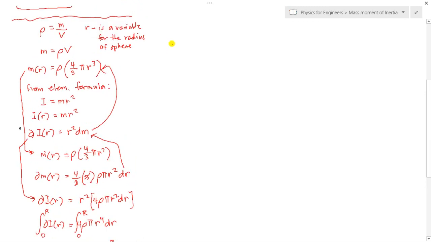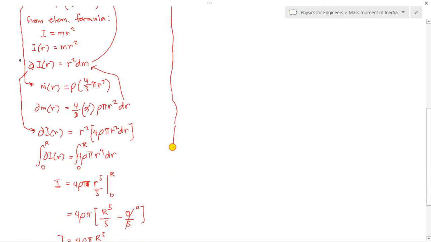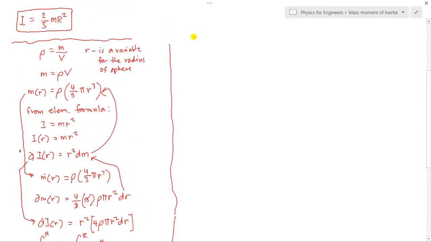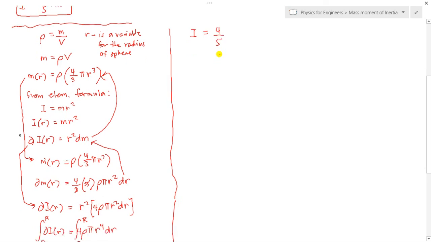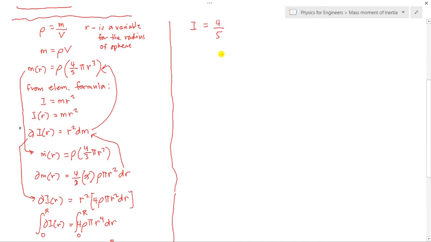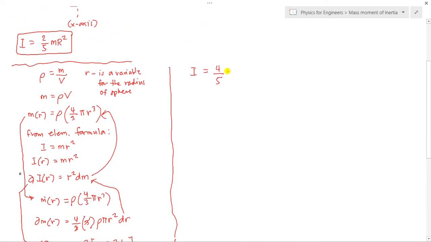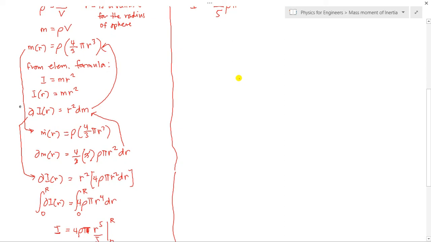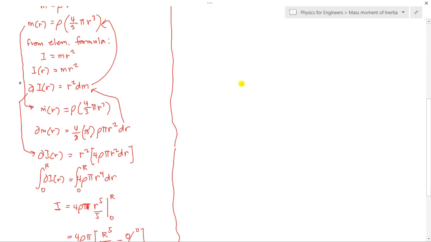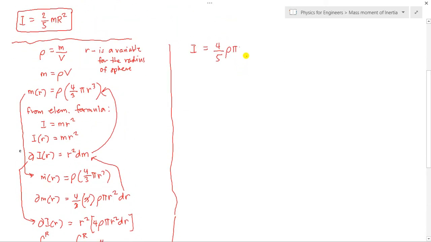But in terms of mass, we will write it again, that is I equals 4/5 rho pi r to the 5th.